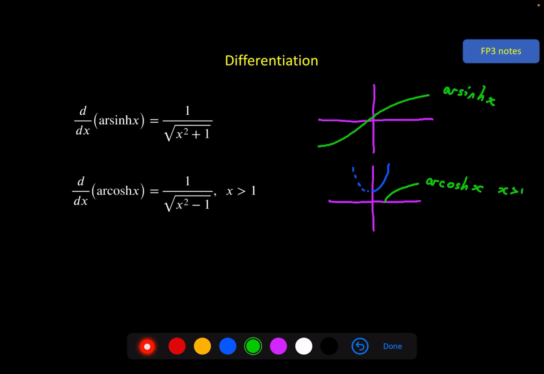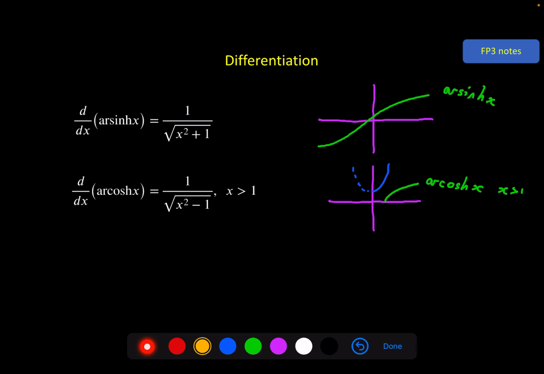So it's coming from the fact that there is no graph less than 1. Even though if you went less than minus 1, mathematically this would still be okay. It just isn't there on the graph. And you can see also in this section on the green here that this is a positive gradient. So again, there's no negative over here. But you might come across a question that's a little bit sneaky.